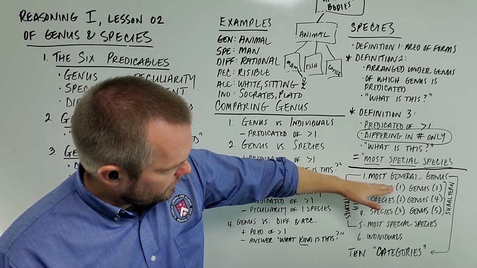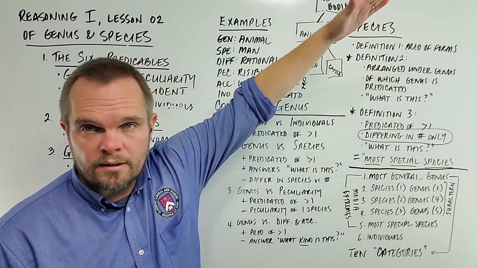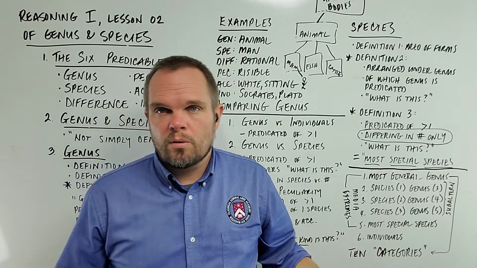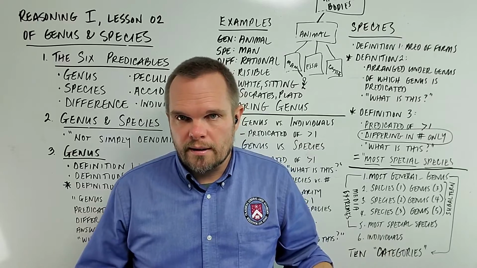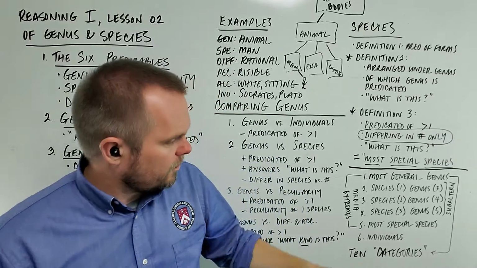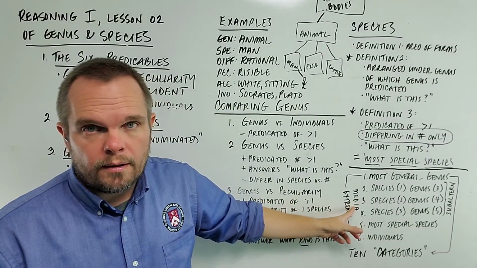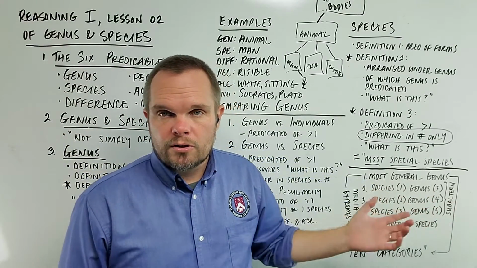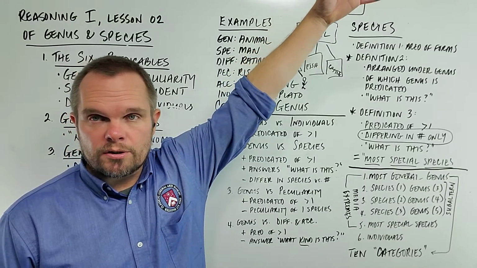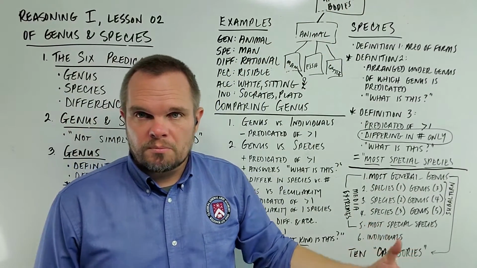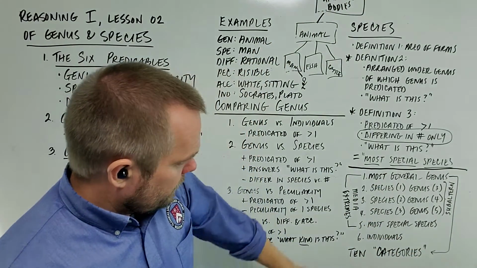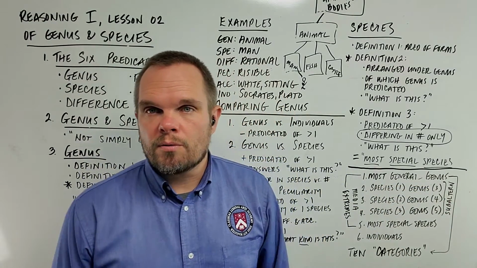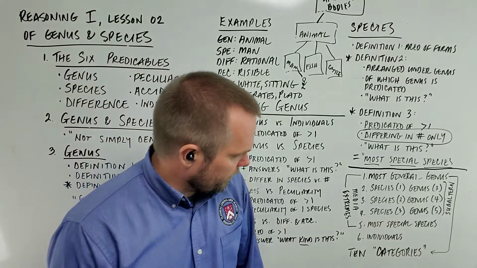All of the levels or branches in between them are called media, which is just plural for medium or middle things. Okay? So all of the media can be both species or genus. The extremes are most general genus and most special species. And media are also called subalterns, just another word you'll see in Porphyry.